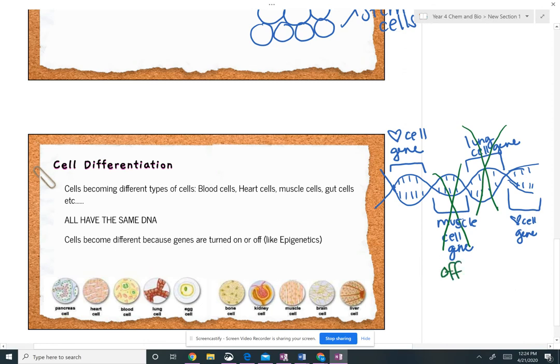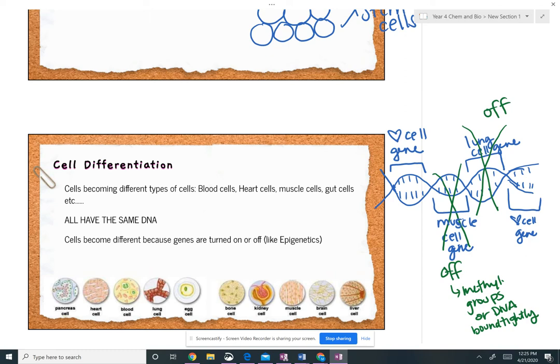Very similar to what we talked about in epigenetics, these things are turned off by methyl groups, or the DNA binds together. And if the DNA is bound tightly, all of the little proteins that we need for transcription and translation are not able to get through. So that stuff cannot be copied, right?